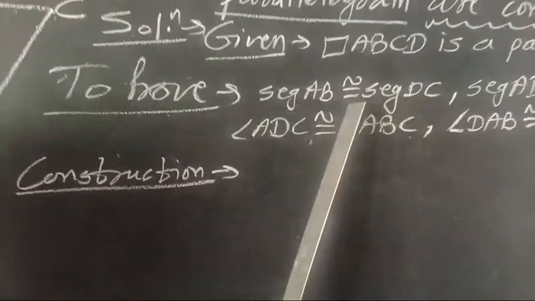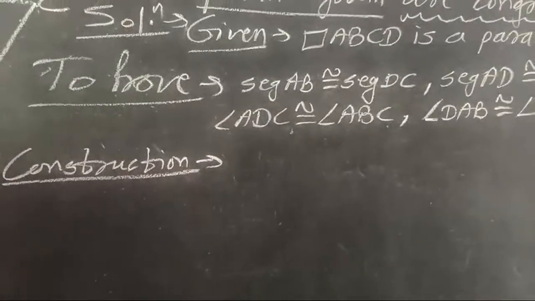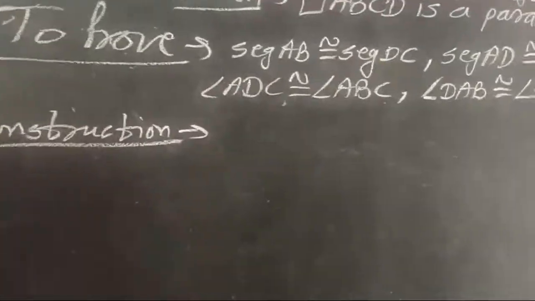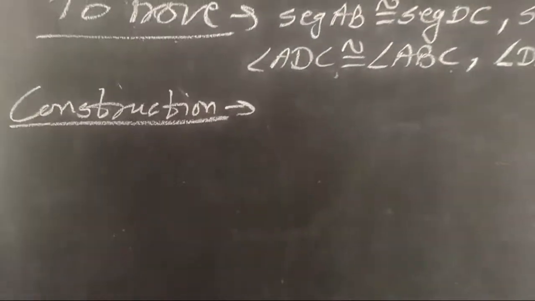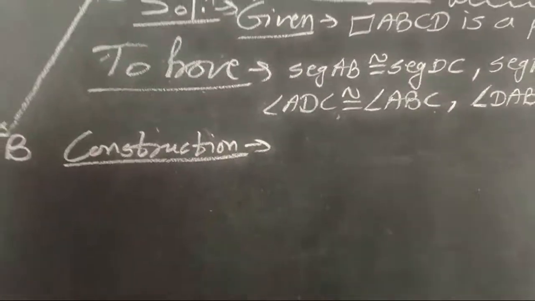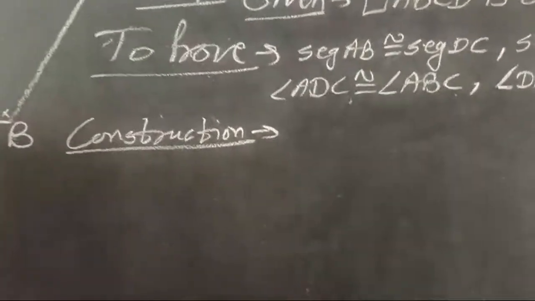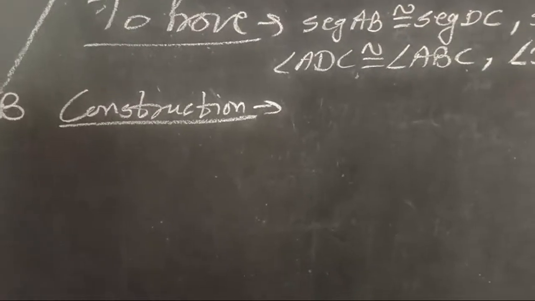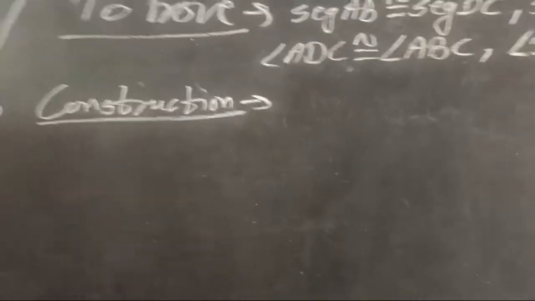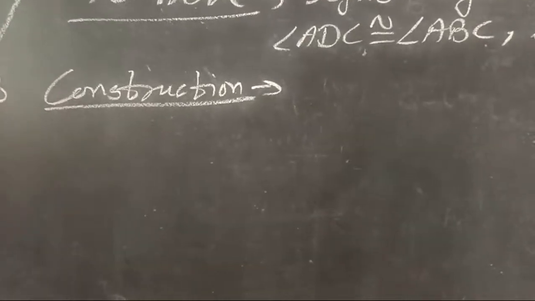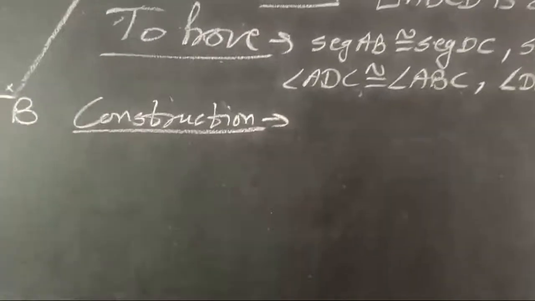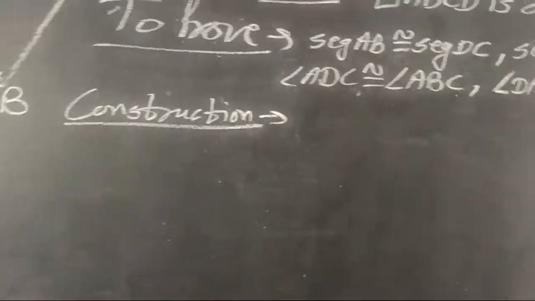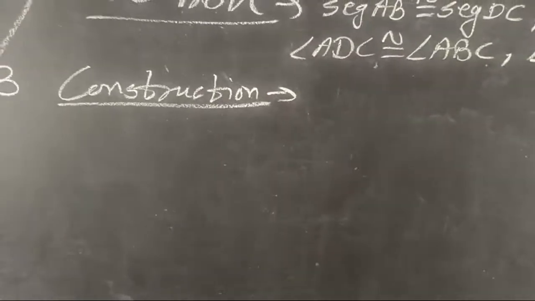When we say that corresponding sides are congruent, when two lines are parallel, but small mistake.